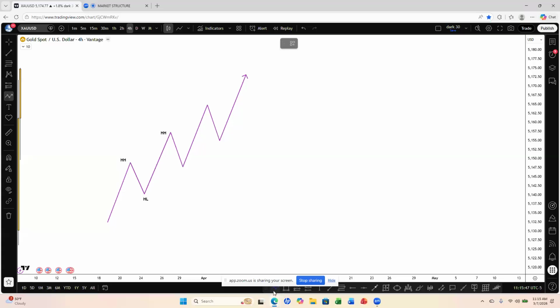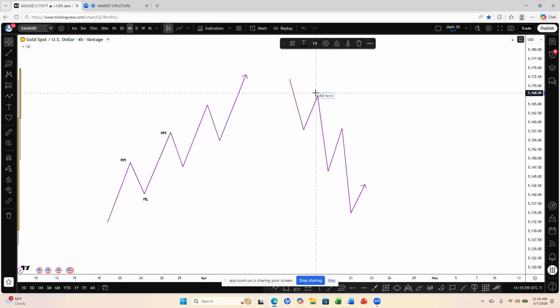Now when you do a downtrend, it's the same way, but the opposite direction. Same concept. And that's when you have the lower high and lower low. Same concept.